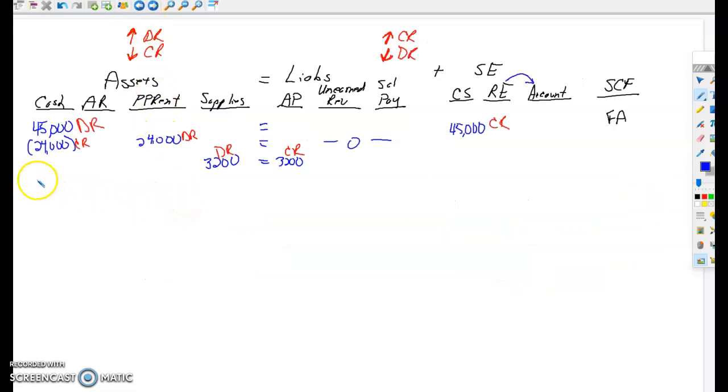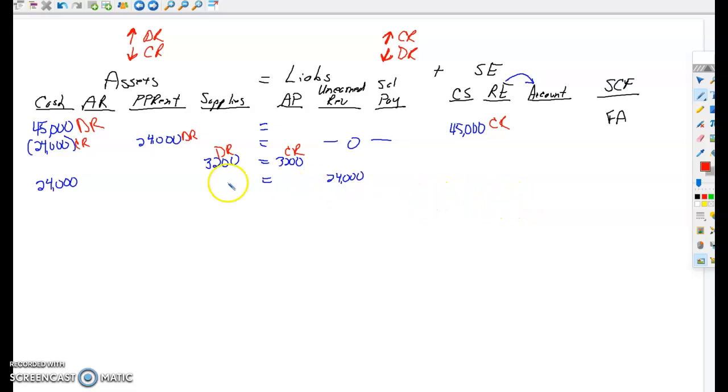So let's go back and put that in. So we've got cash, 24,000, and in exchange, unearned revenue of 24,000. So we put it on a horizontal model. You may do this in your head, or you may find you still want to write out this horizontal model until you get really comfortable with deriving your debits and credits.